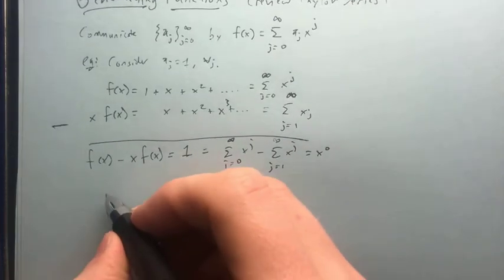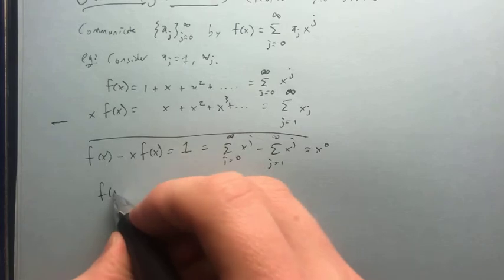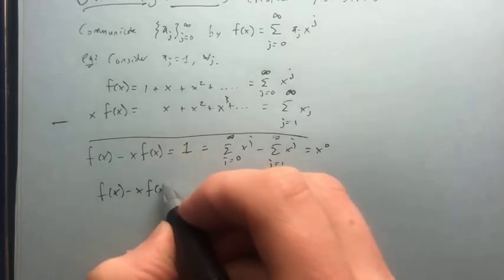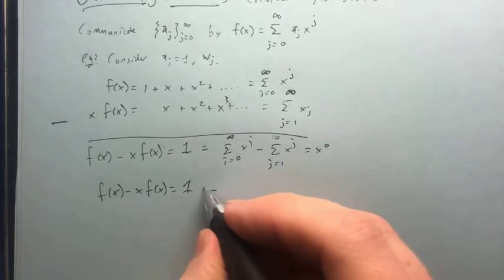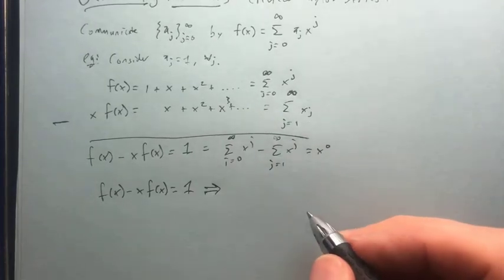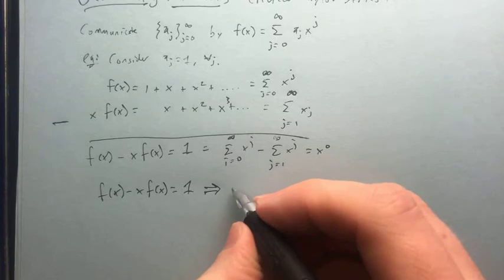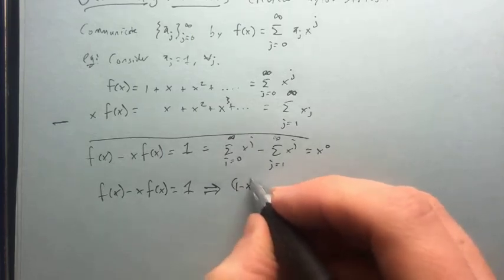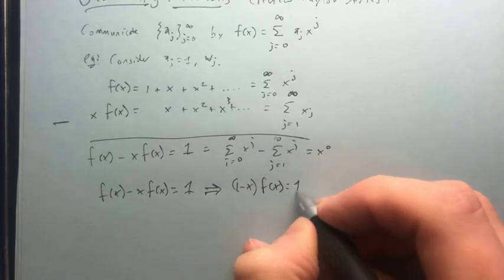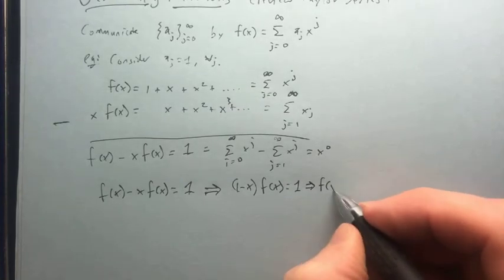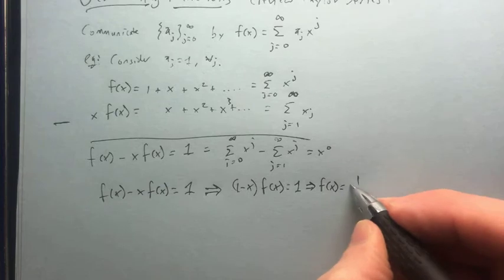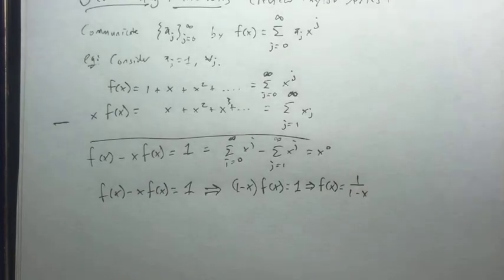So I have this nice relation, which is f of x minus x f of x is equal to 1. If I do just a little bit of algebra on this, I can see that 1 minus x times f of x is equal to 1. And this tells me, finally, that f of x is equal to 1 over 1 minus x.